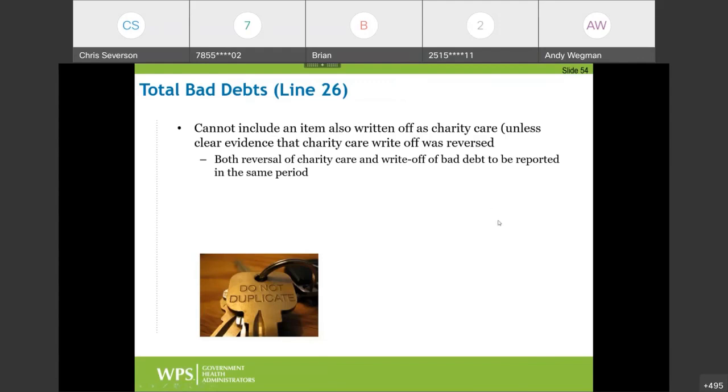So we handle it one way in year 1. Let's say it was a bad debt. In year 2, it's going to be a negative bad debt and a positive charity. You're reversing it into charity. It'll offset itself in the end, but we want to record it in the period of write-off and the period that it's reversed or adjusted.